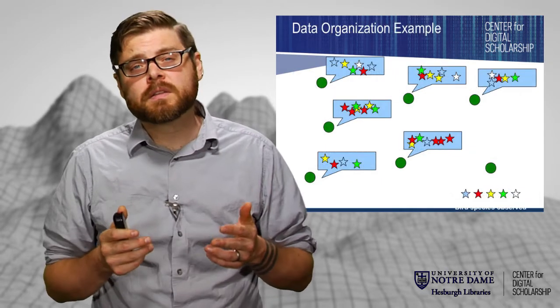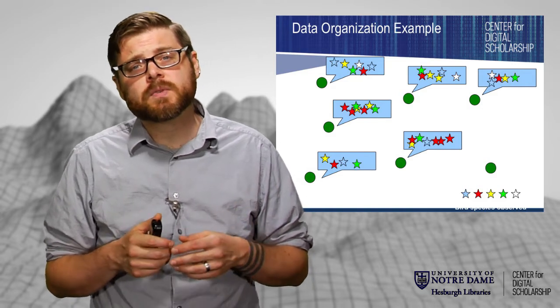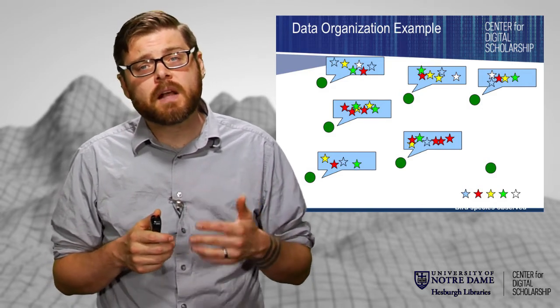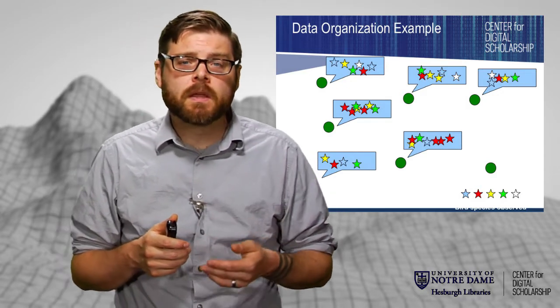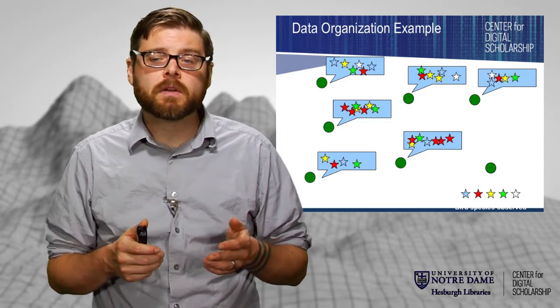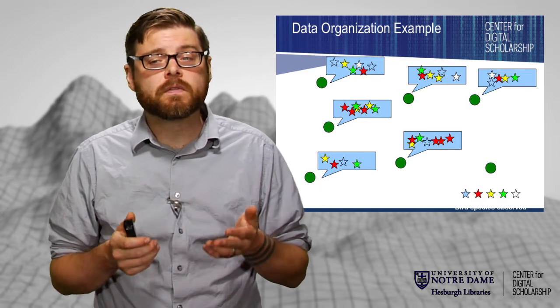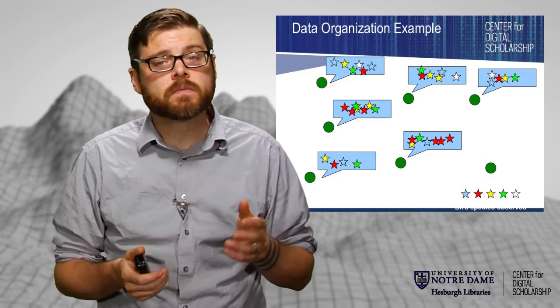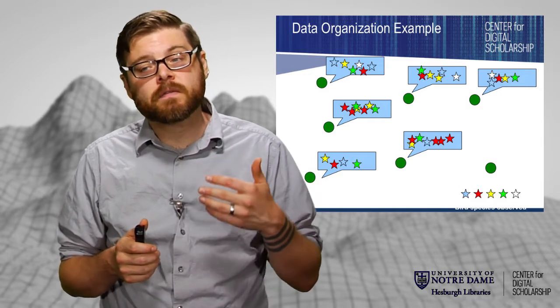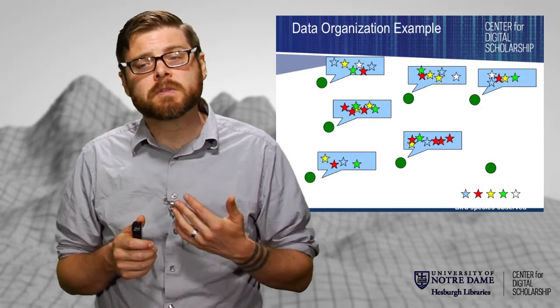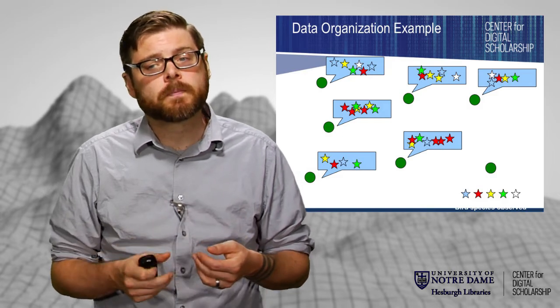So an important thing to think about when we're creating these data tables and when we're beginning to do these types of analysis in ArcGIS is how we have the data organized. As an example of this, I have up here the locations of a certain number of trees that have spatial locations, and then how many of 5 different species of birds have been observed at each one of these trees.